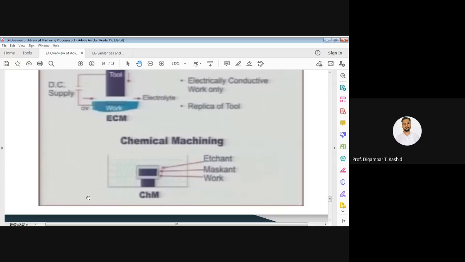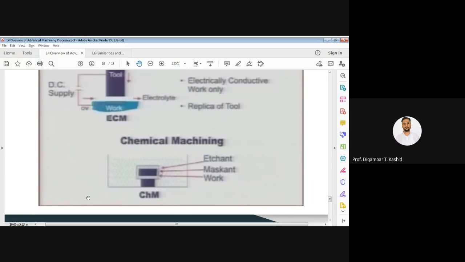Now for this chemical machining process we have different steps that we have to follow, which we are going to see in chemical machining. First is cleaning of the workpiece, then etchant, then applying the maskant layer. Depending on the maskant applying technique, we have another process called photochemical machining.